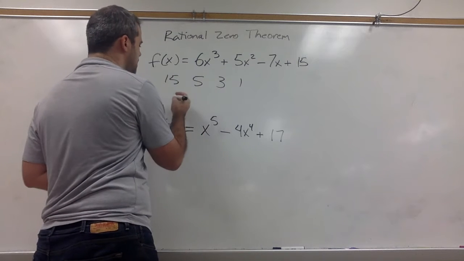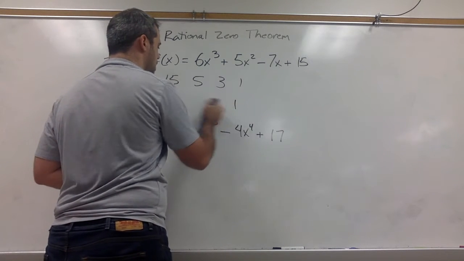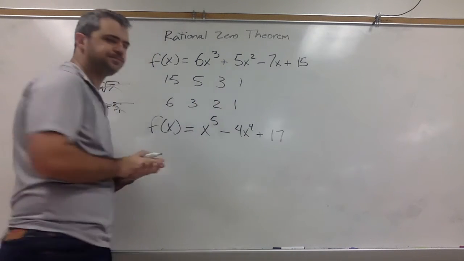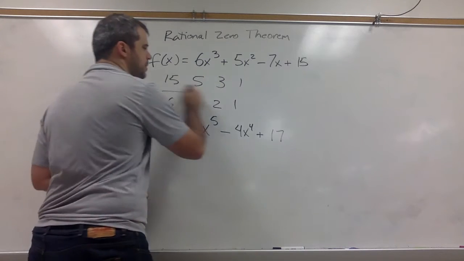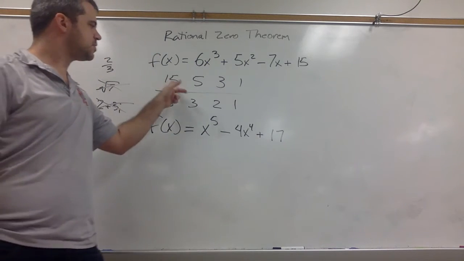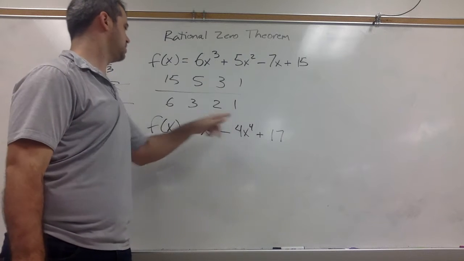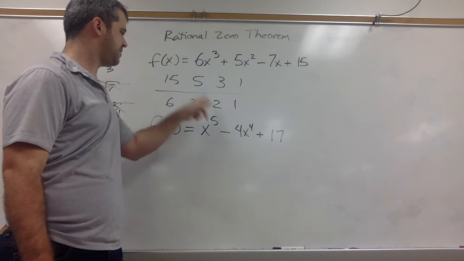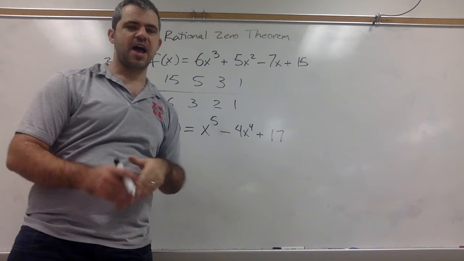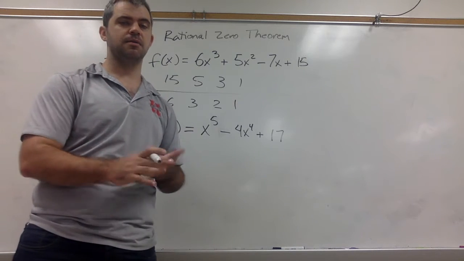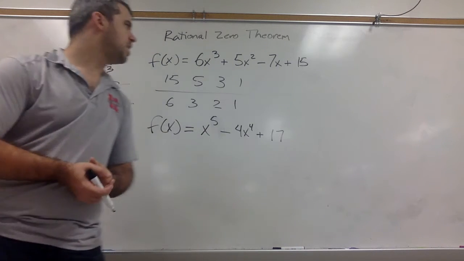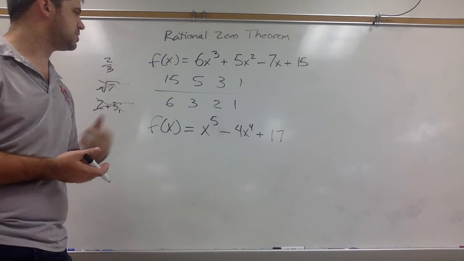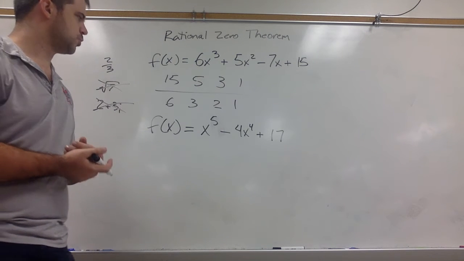So that would be 6 and 1, 3 and 2. And then what we basically do is we take every combination of these, and those are going to be our possible fraction solutions here, our fractional roots.